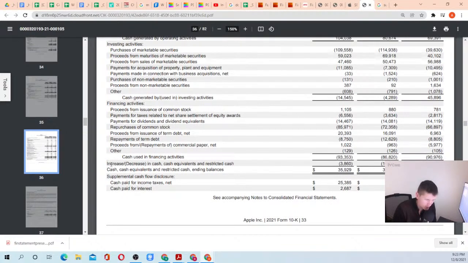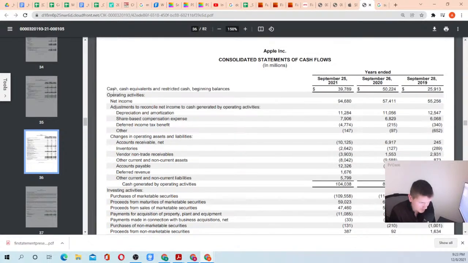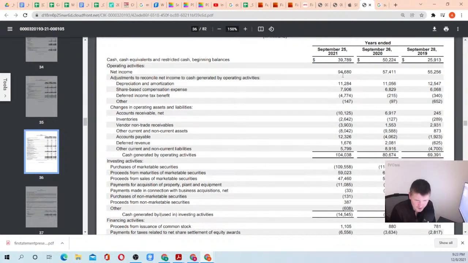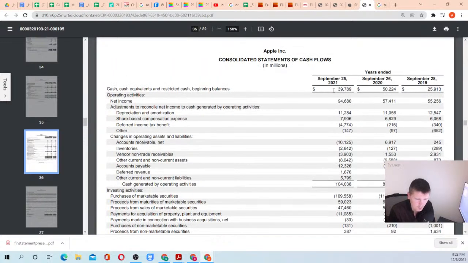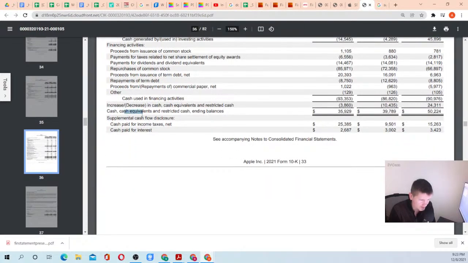And at the bottom of the cash flow, let's see. They have here cash equivalents and restricted cash beginning balances. That is a beginning balance, which should equal your previous period. There is a decrease in cash and cash equivalents, 3 billion, almost 4 billion decrease.